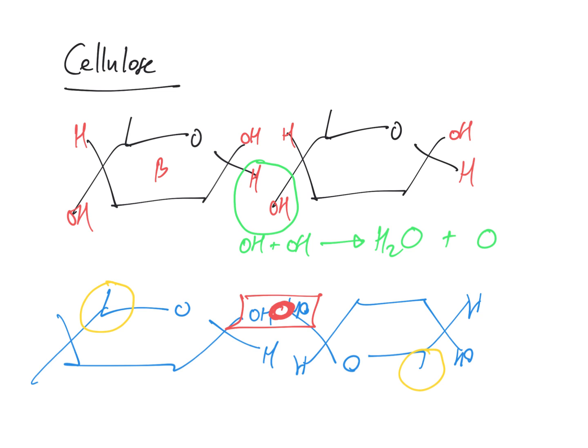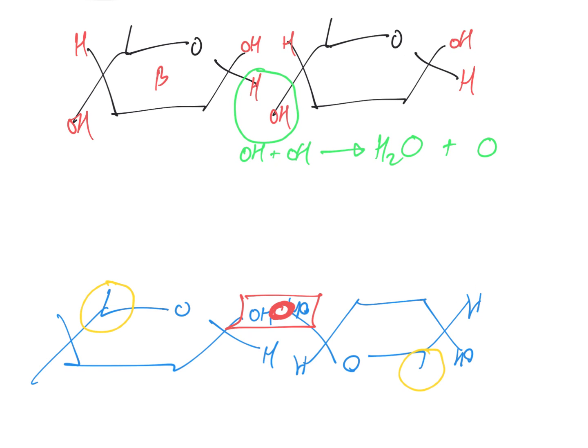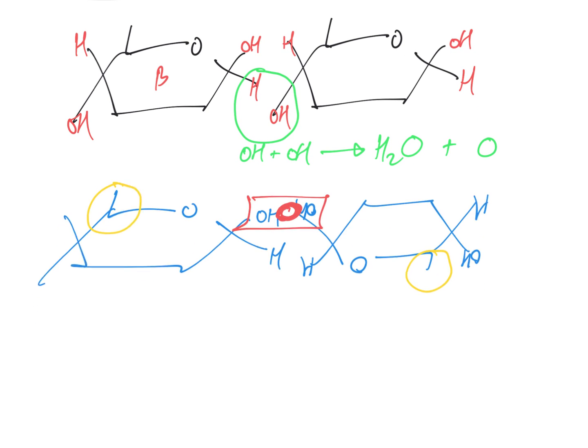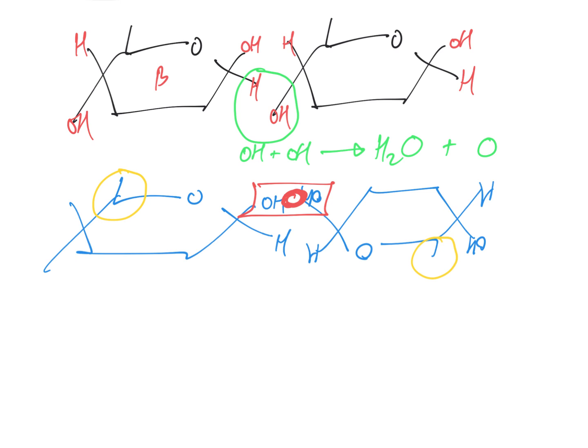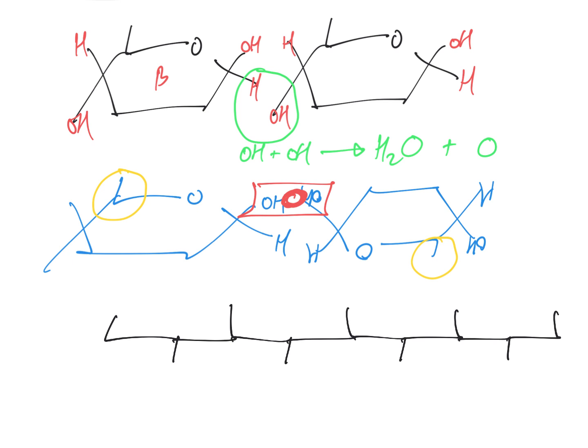So what then happens is this. You then end up with a structure that effectively looks like this, where the 6 carbons are going up and down, up and down, up and down.